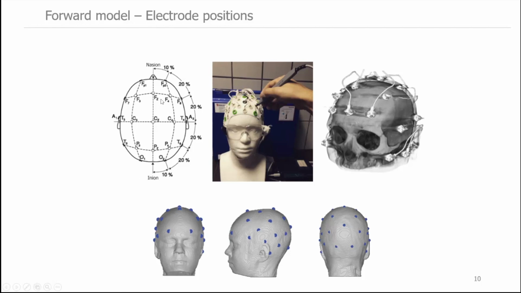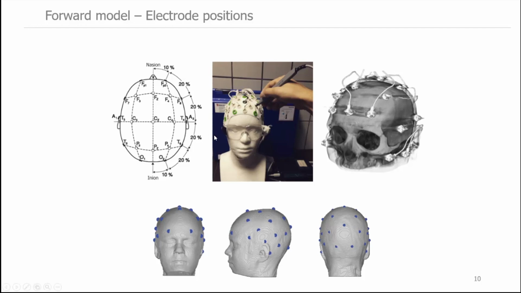Basically, you can just use the system that every center is using, and have some landmarks and put these on your models. This is, for instance, a segmented scalp from a subject. You can put the nasion, the inion, and auricular points, and then you can calculate these distances over the head and put the electrodes at the correct distance.